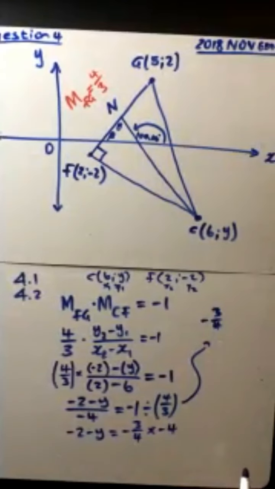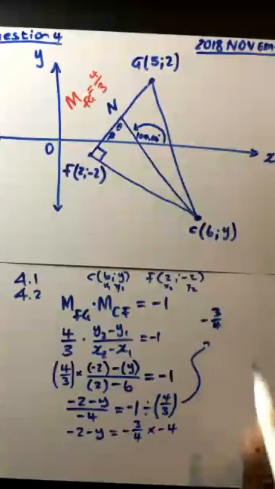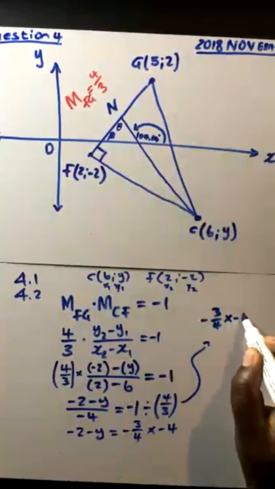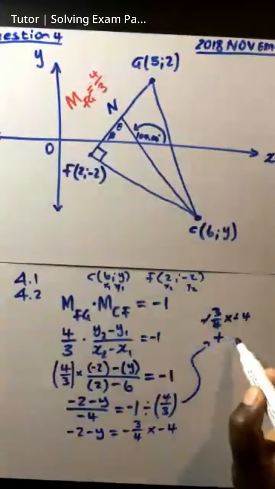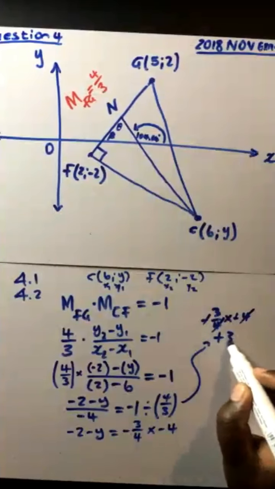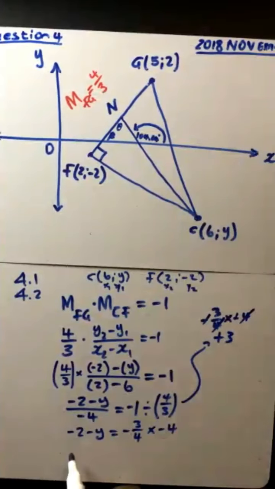Remember, guys, just in case we get confused, please make sure to let me know. If that is multiplied by negative 4, the negatives cancel, it becomes positive. That cancels, you remain with positive 3. So you've got minus 2 minus y equal to positive 3.